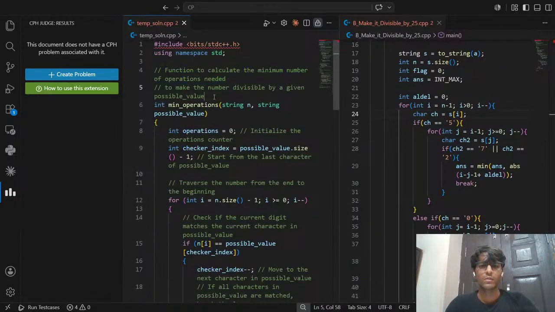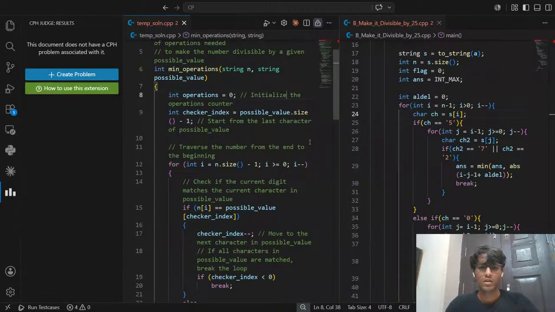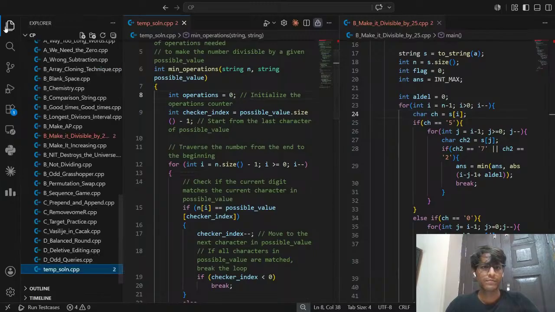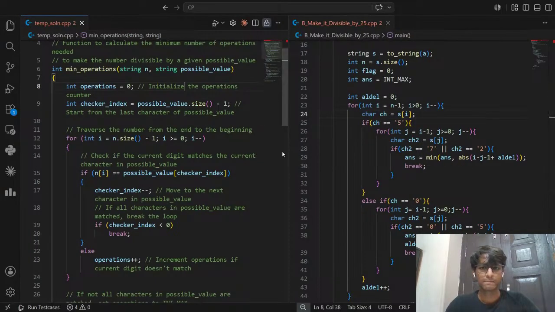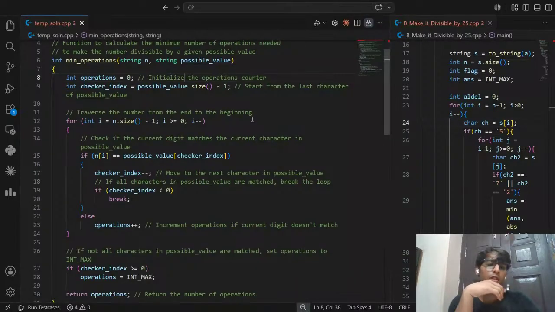Check our index equals possible value size.